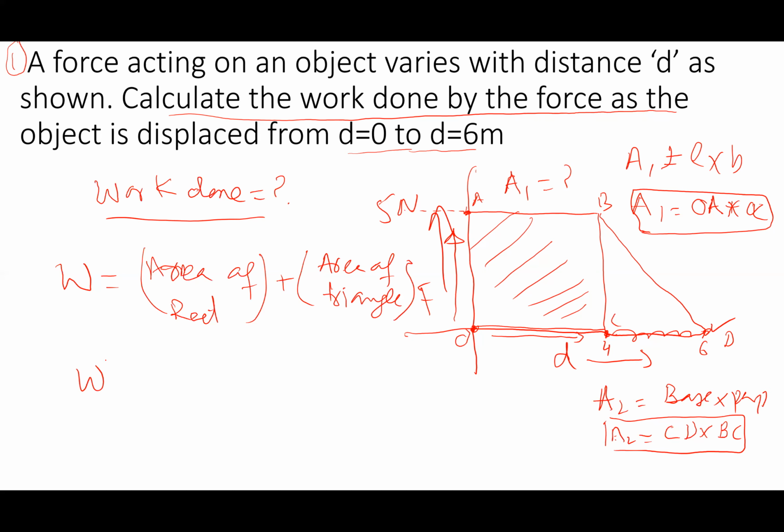So work done is equal to A1 plus A2. You will get the work done. So this is the graph. The area under the graph with the x-axis will give you the work done during this journey. So do it.